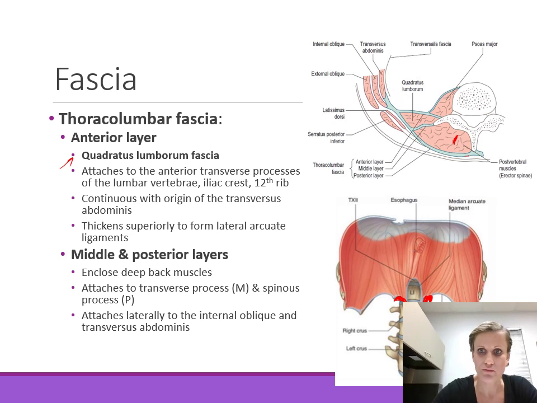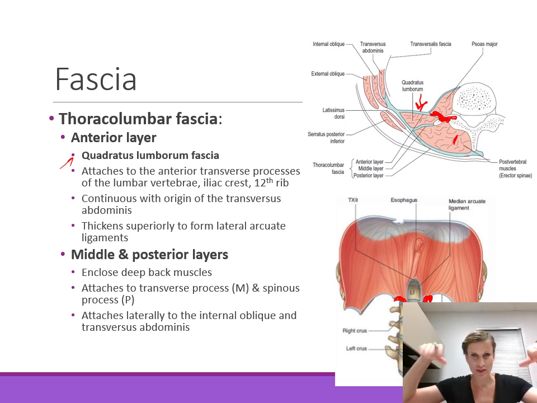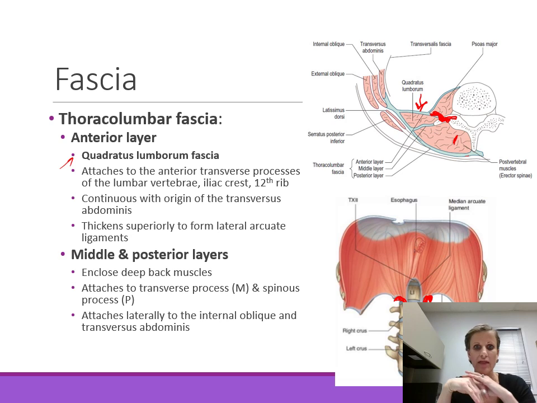So here you see this is the transverse process, and you can see that this again is the anterior layer. It attaches to the anterior surface of the transverse process. It also attaches to the iliac crest, the top curved portion of the pelvis, and then also the 12th rib superiorly.